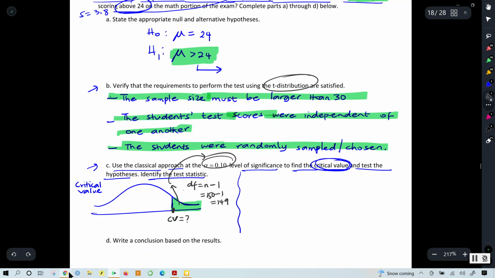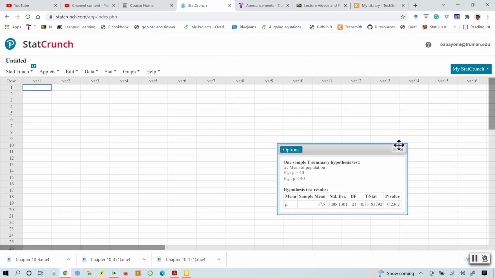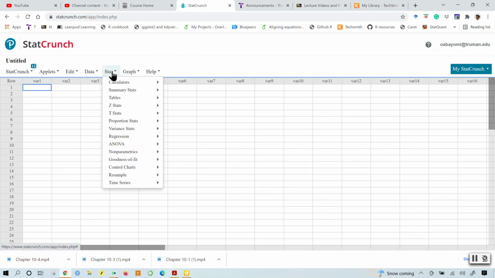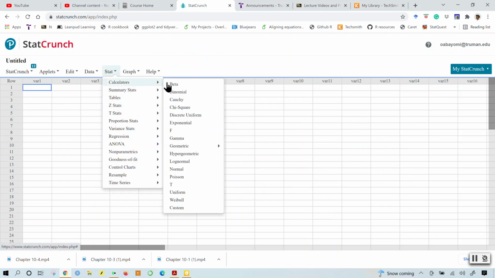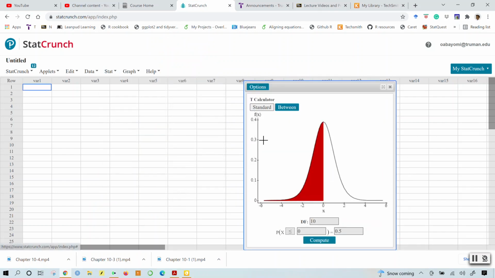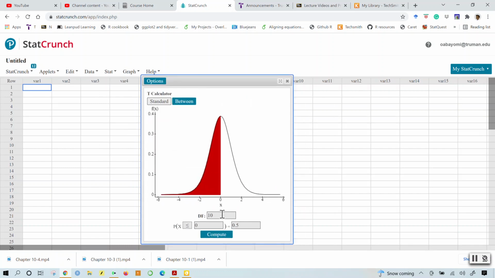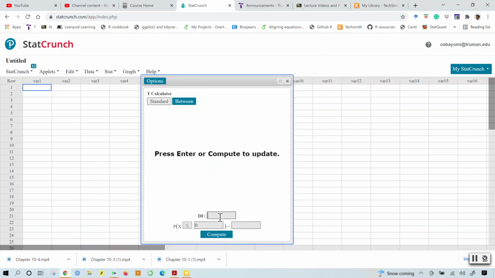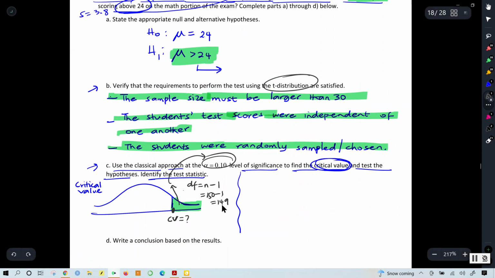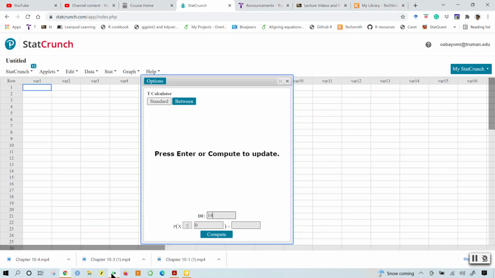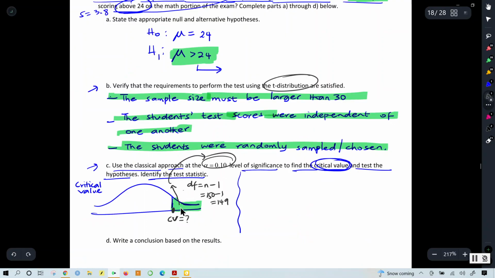So I can take this to StatCrunch to my T calculator. So start, go to my calculators, go to the T calculator, and I want to key in my degrees of freedom. The degrees of freedom is 149. And then next, the region is to the right, which means greater than.